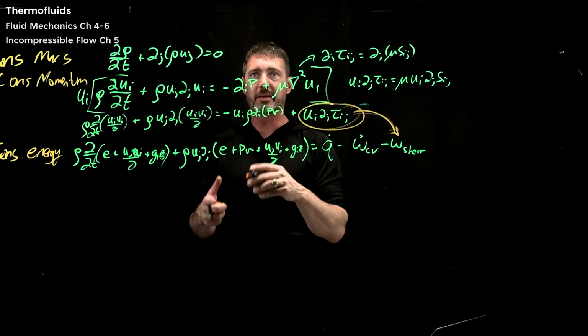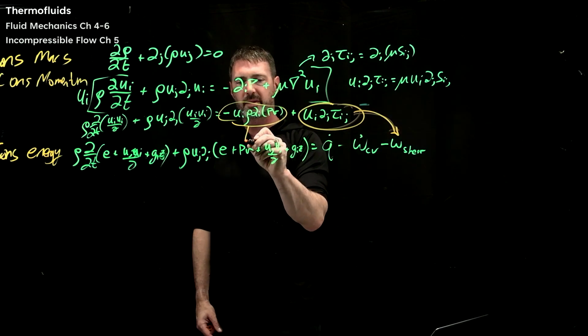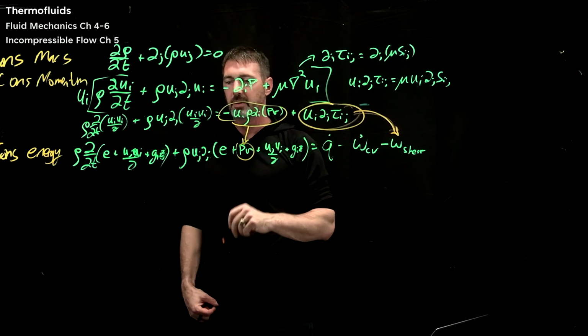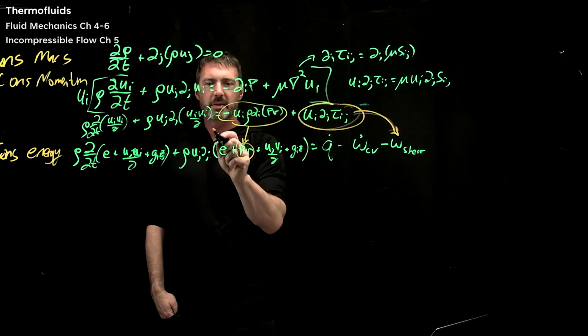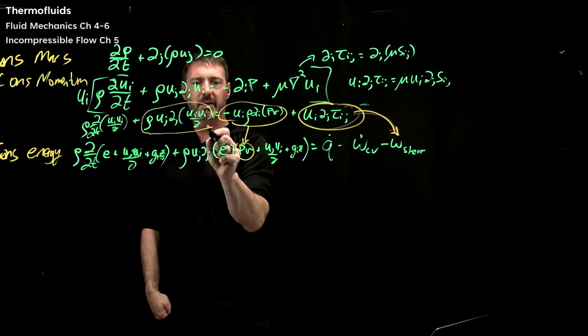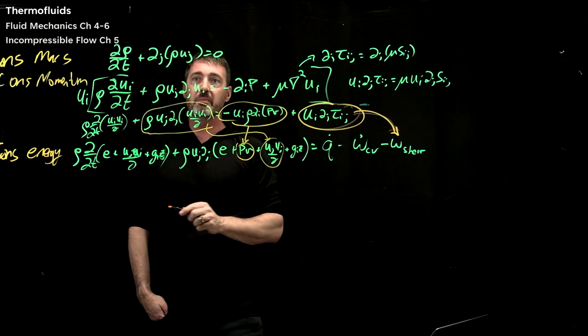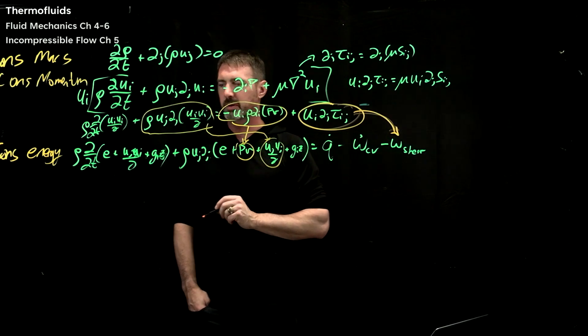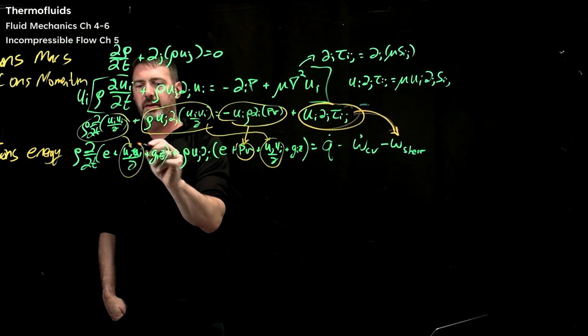I can switch them if I wanted to. So this term is this term right here. Great. This term is this term right here. Fantastic. And then this term is this term right here.